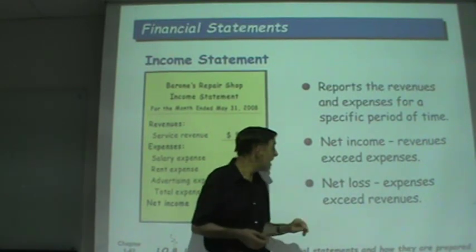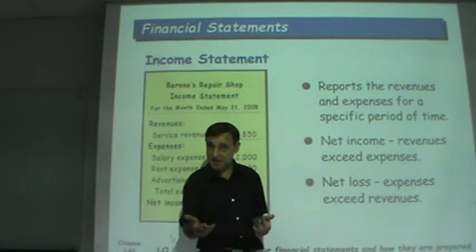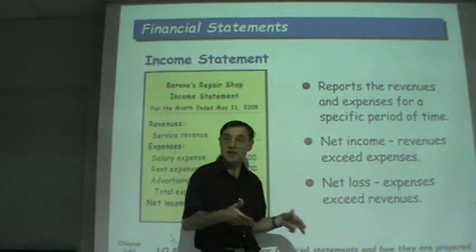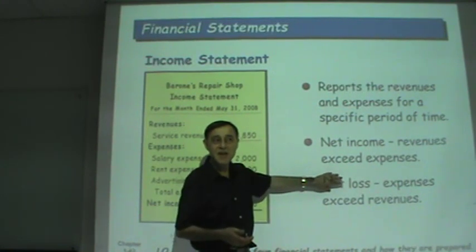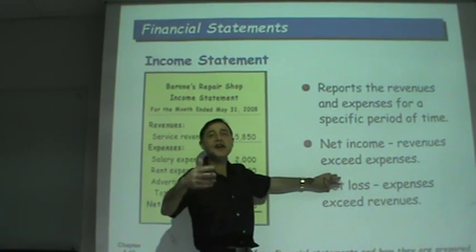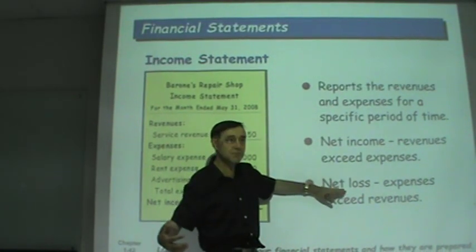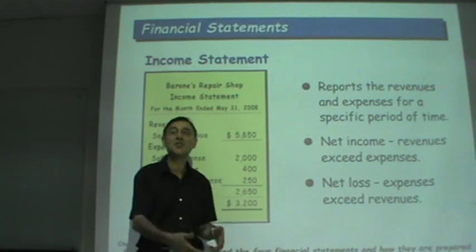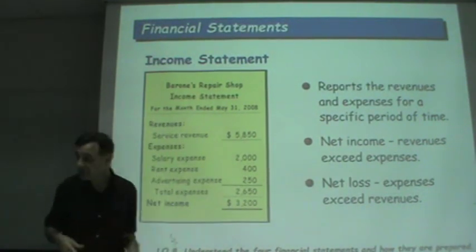So we say net income. And net loss is the same as loss, okay? Net usually means after taking out all expenses. This is what the word net means. Net means after you subtract all expenses.